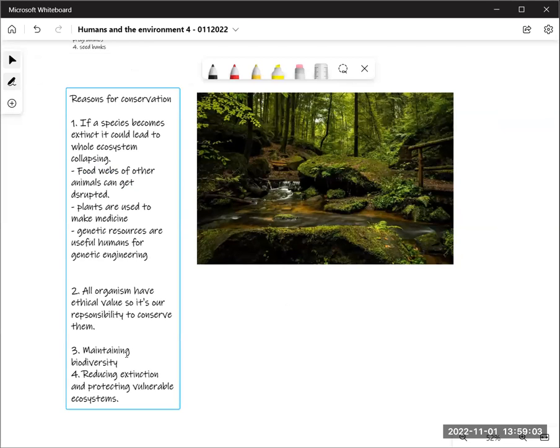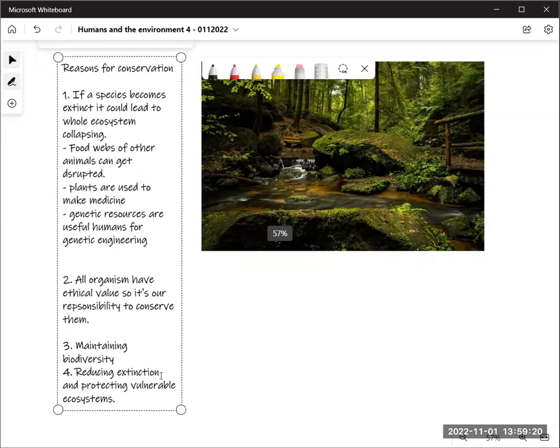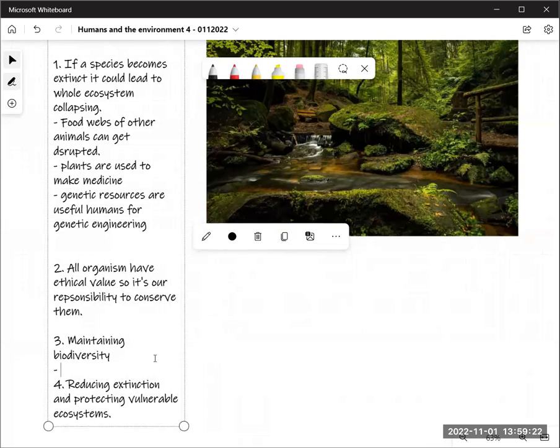Finally, we need to maintain biodiversity. Why do we need to maintain biodiversity? Can someone tell me? Because we need more genetic variation and useful alleles.